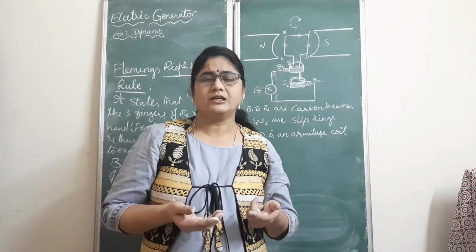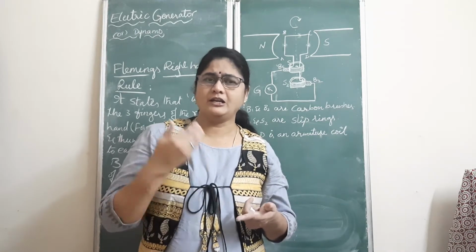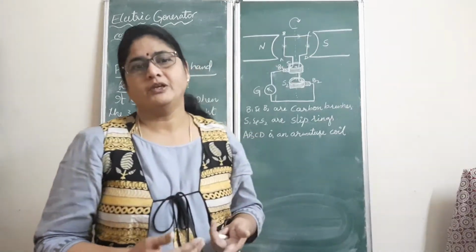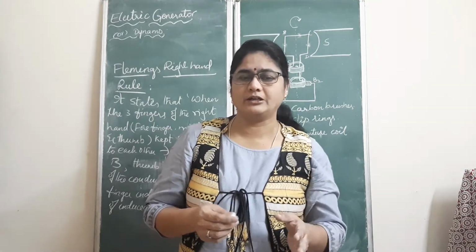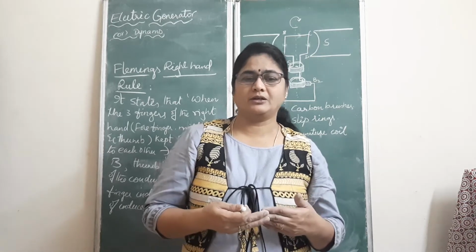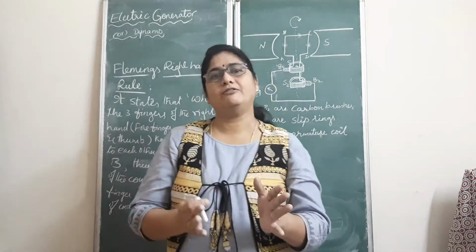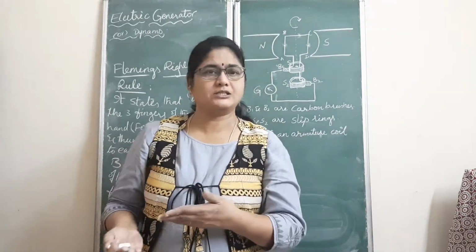Okay, so there are various ways of producing current, but in any of these cases we are using an electric generator. So today we are going to learn about the functioning of this electric generator, what it consists of, what it is exactly, and on what principle it works. An electric generator is a device that converts mechanical energy into electrical energy.